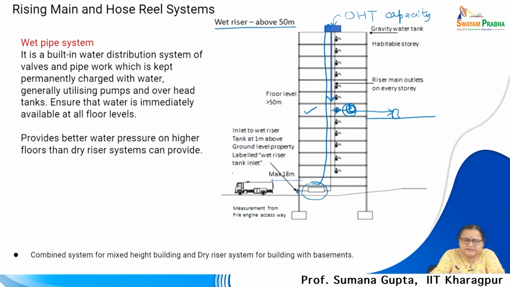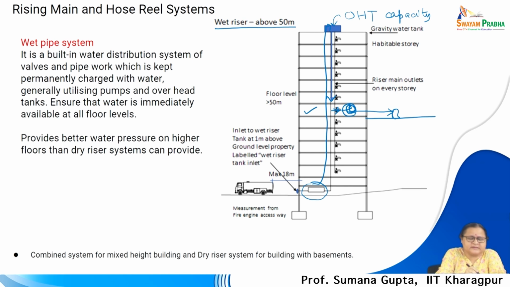Here also you see there is an inlet to the wet riser tank at 1 meter above ground level, labeled wet riser tank inlet, and here also the fireman comes and plugs in either their device or from the underground reservoir, which is also important, and they charge additional water to the overhead tank and operate the pumps so that the overhead tank is kept full and there is no dearth of water in case of uncontrolled fire.